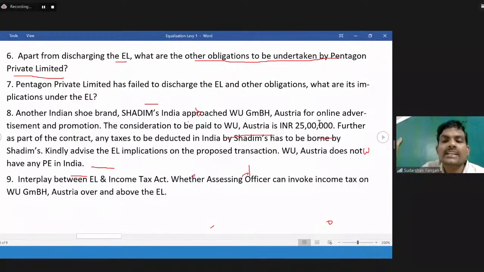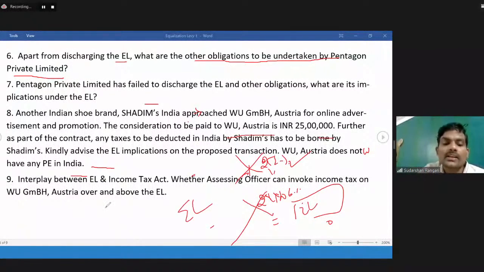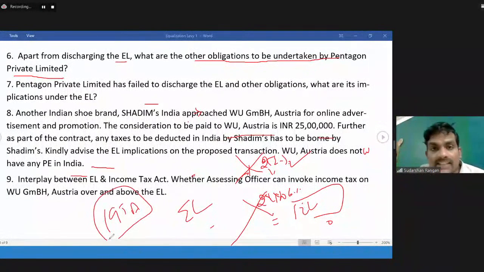So if the Indian company says, okay, 25 lakhs I will pay as per the agreement, and then grosses this up, 25 lakhs into 106%, and then accordingly pays the EL to government, that is not allowed under equalization levy. 195A allows you grossing up for TDS under the Income Tax Act. This is the Finance Act. You cannot do grossing up. So please keep that in mind.